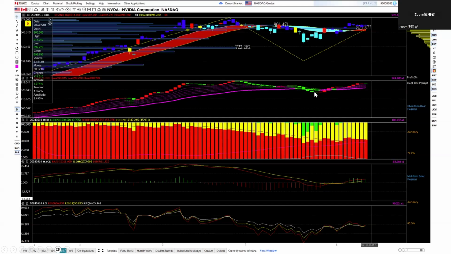So if the bar changes color from red to green, it means from bullish to bearish, and vice versa. From green to red means from bearish to bullish.